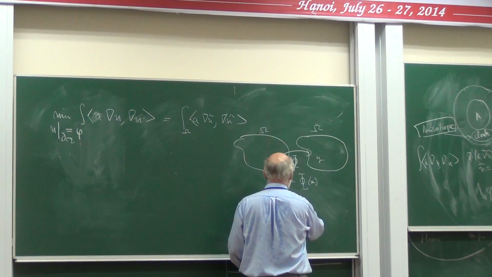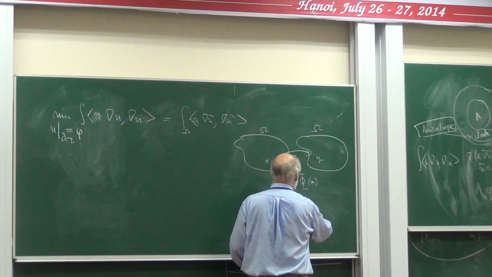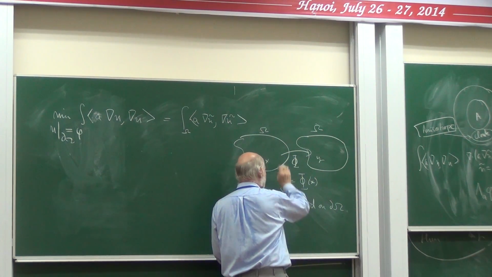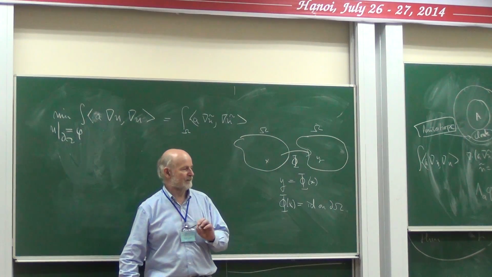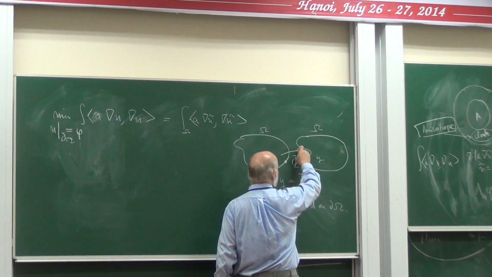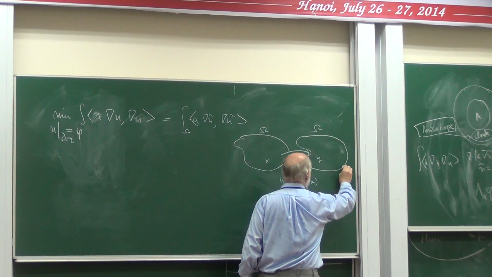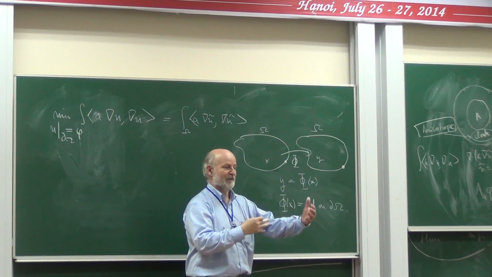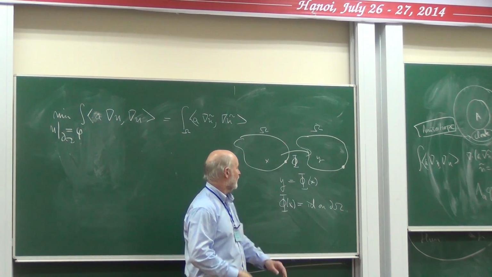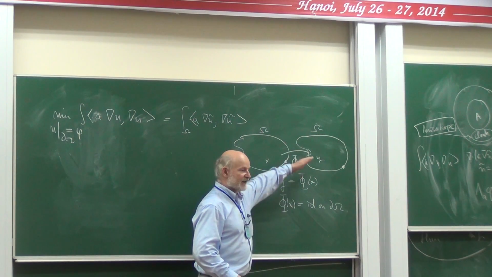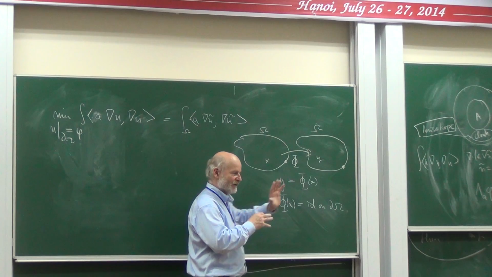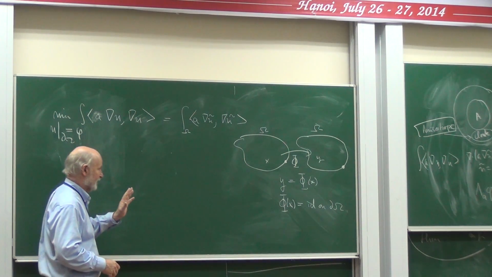So phi of x is actually equal to the identity on the boundary. So any one point on the boundary is taken to itself. It's not just that the boundary is mapped to the boundary, but the mapping is the identity. That's essential. And then inside, it's a C1 diffeomorphism. It's actually a Lipschitz diffeomorphism, because I just want to say L infinity function.